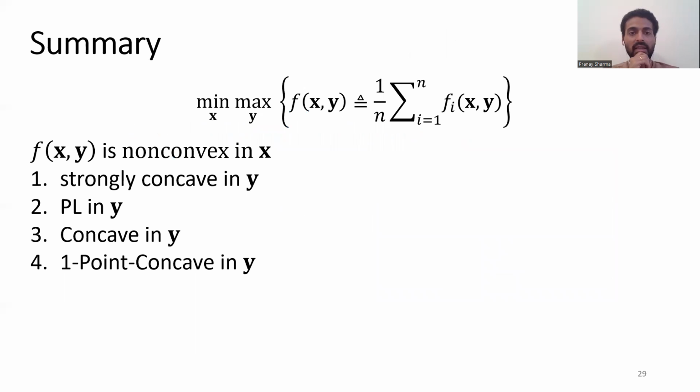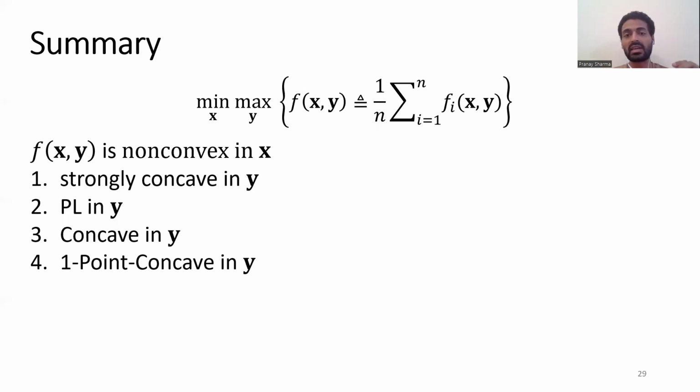Just to summarize, we have considered this federated min-max optimization problem. Here, n is the number of clients and fi are the local client functions. We have considered these classes of functions. All the classes of functions are non-convex in x, but they can be strongly concave in y, PL in y, concave in y, or 1-point concave in y.